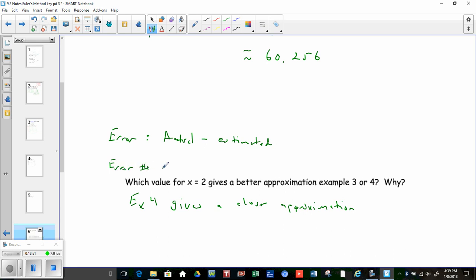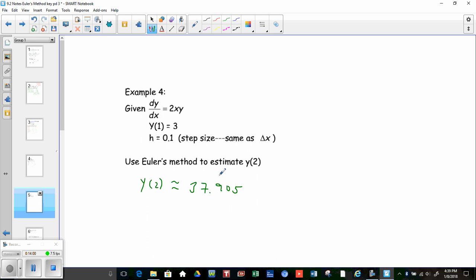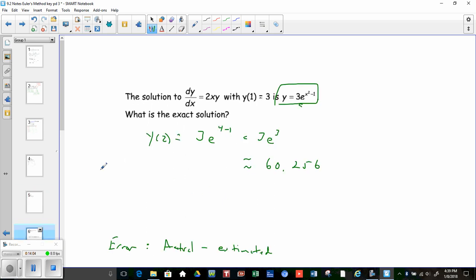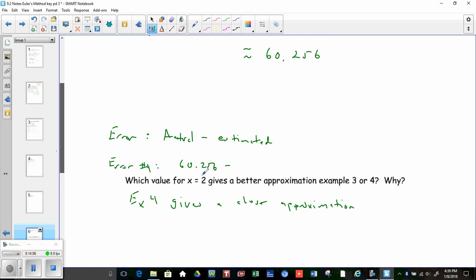The error for number 4 would be 60.256 minus, let's get the actual value that we had, it was 37.905. I did not have this one worked out, so I'm going to have to work that out real quick.